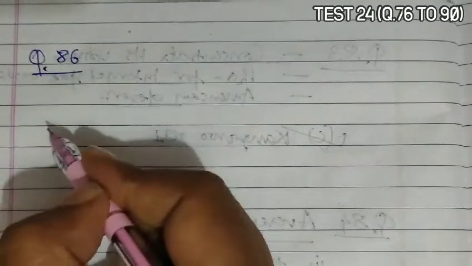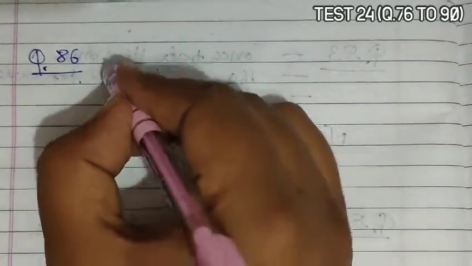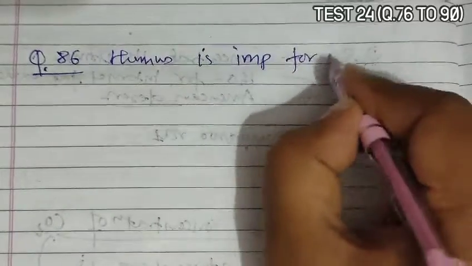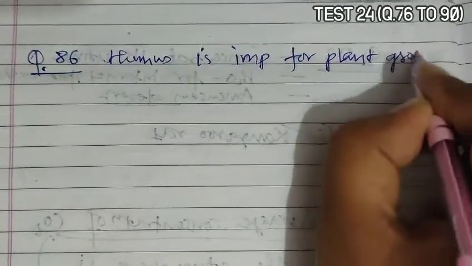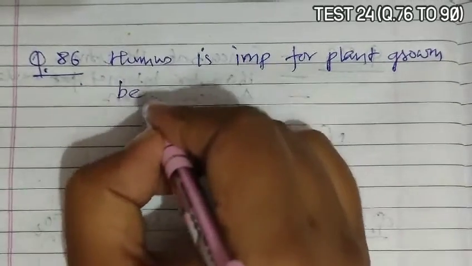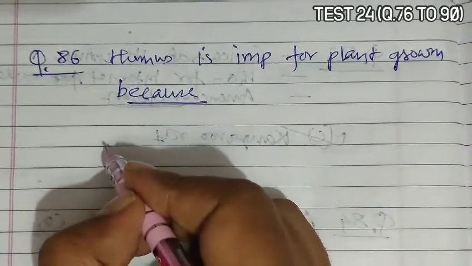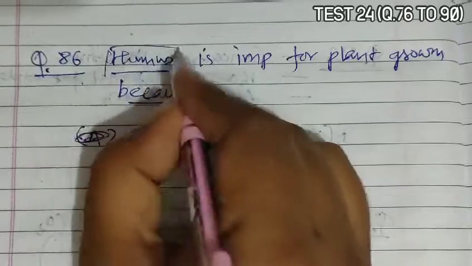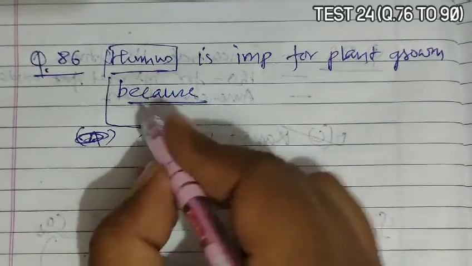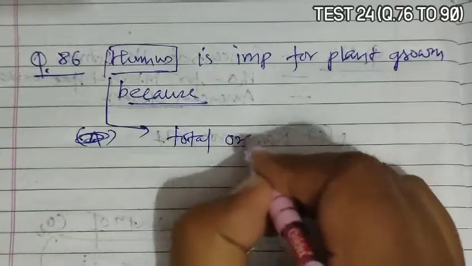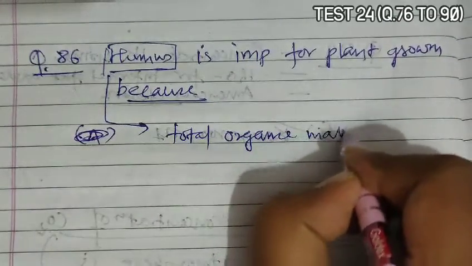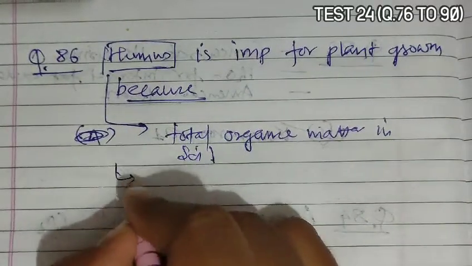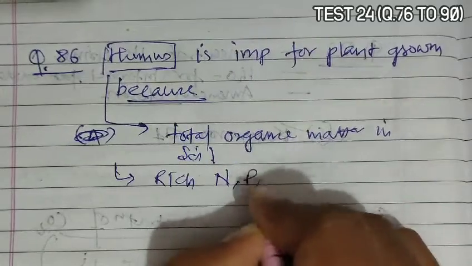Question 86 asks why humus is important for plant growth. First we should understand some things about humus. Humus is the total organic matter in the soil. It is rich in nitrogen, phosphorus and potassium.